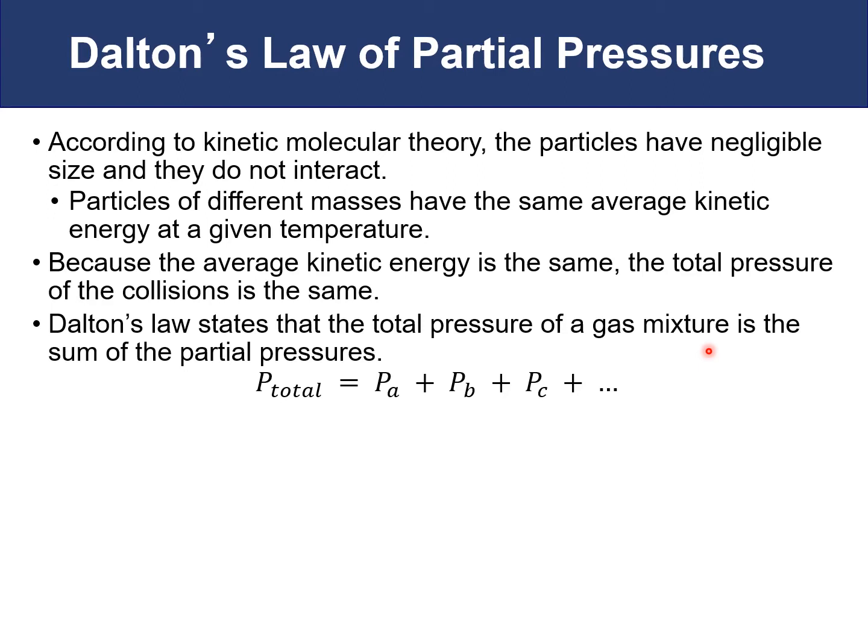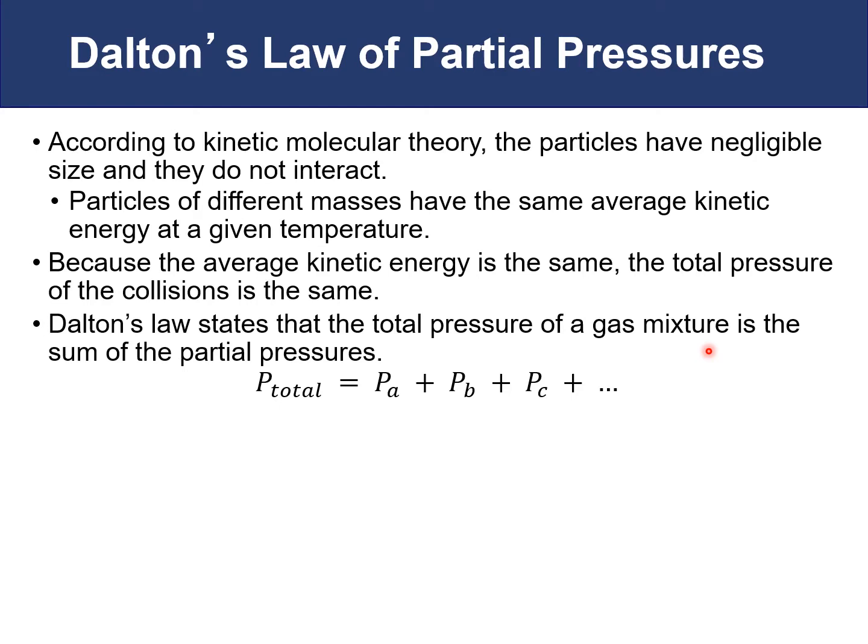What Dalton proposed is that the total pressure of a gas mixture is the sum of the partial pressures, or the amount of the force being exerted on the wall by each one of the component gases.